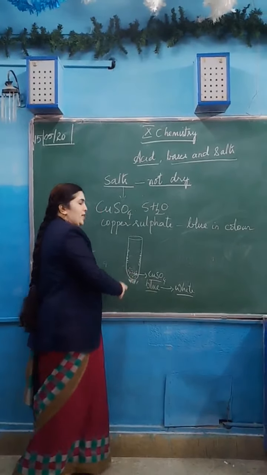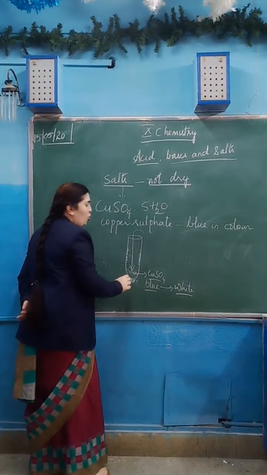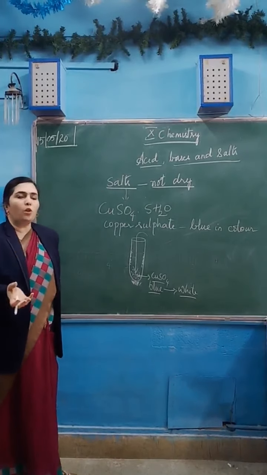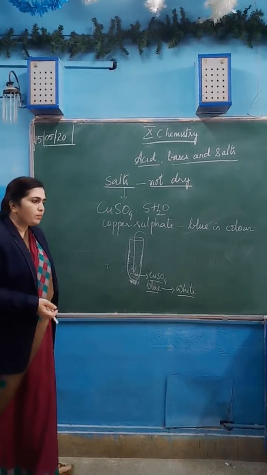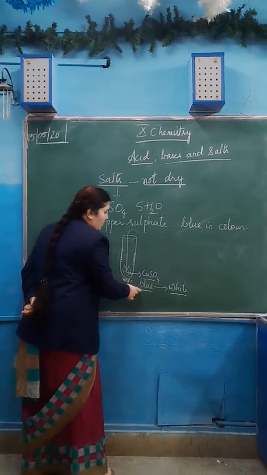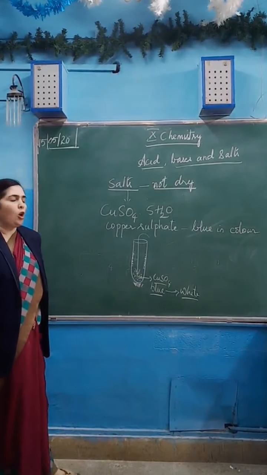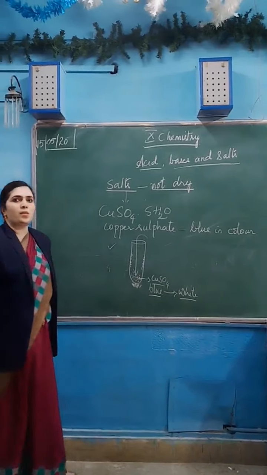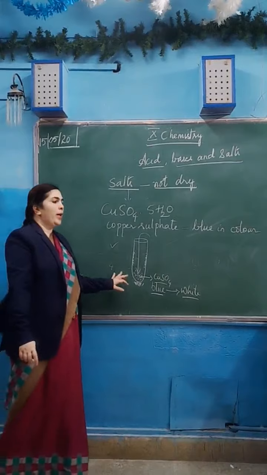To this white salt, when you add a few drops of water, the white copper sulfate will again change to blue color. So blue color indicates the presence of water molecules in copper sulfate. Not all salts are dry. This is one of the experiments to show the presence of water of crystallization in copper sulfate.